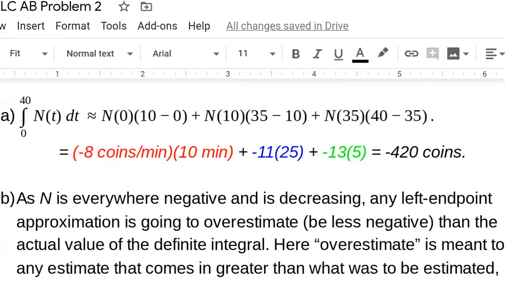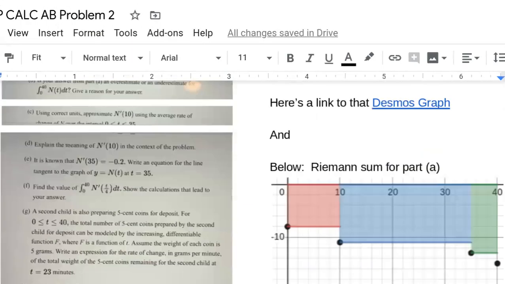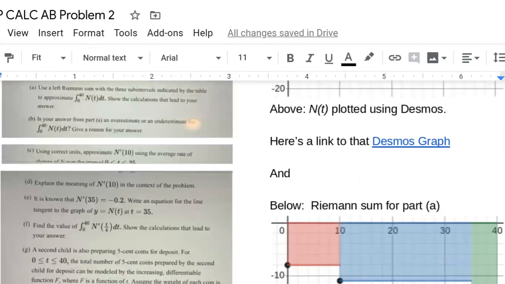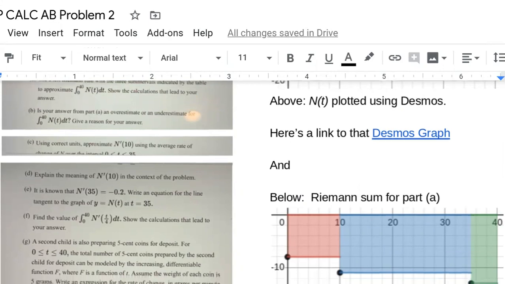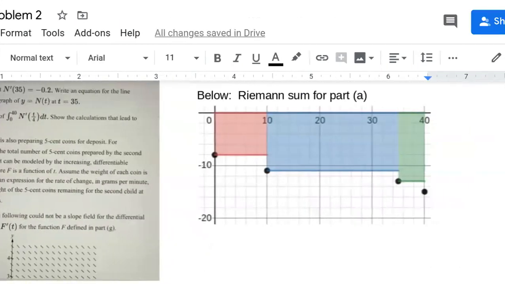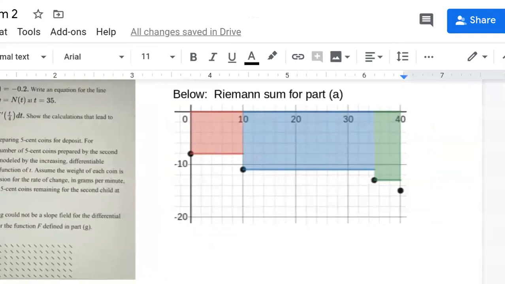Okay, part B, let's take a look at that. Part B, they're asking, is your answer from part A an overestimate or an underestimate for this integral? And give a reason for your answer. Well, looking at the graph here, you can kind of visualize that decreasing function going to the right.